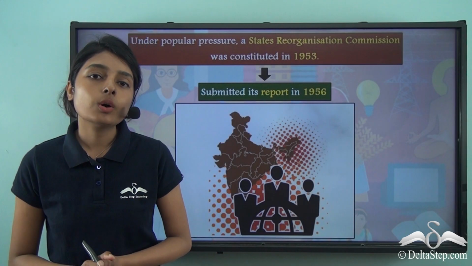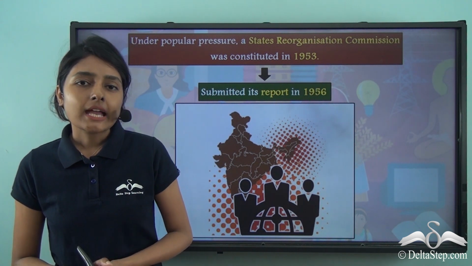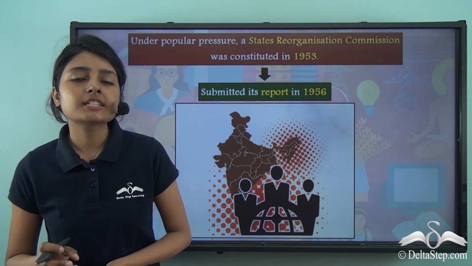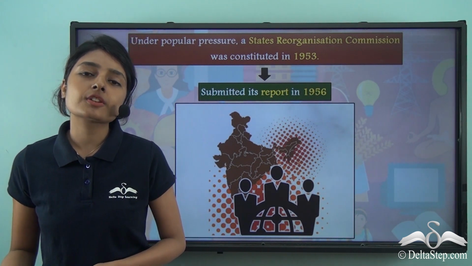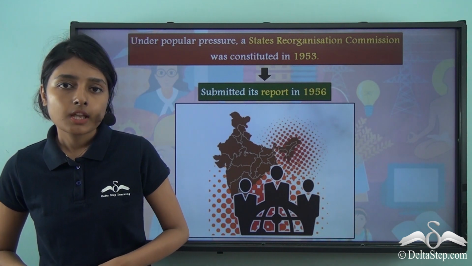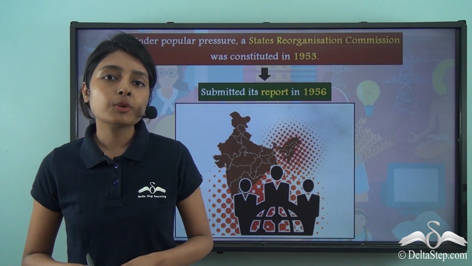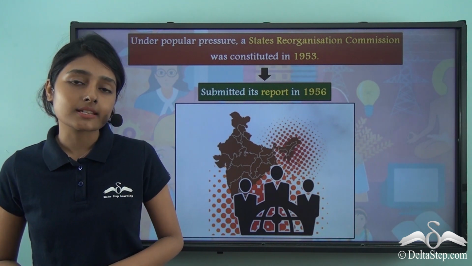Now we learned how Andhra was formed for the Telugu speaking people, and when Andhra was formed in 1953, various other linguistic groups in different parts of the country wanted to have their own states. So all these linguistic communities were clamoring for having their independent states.